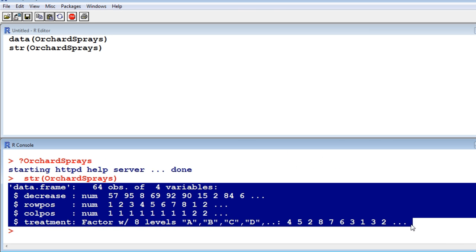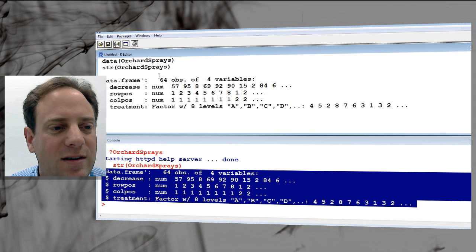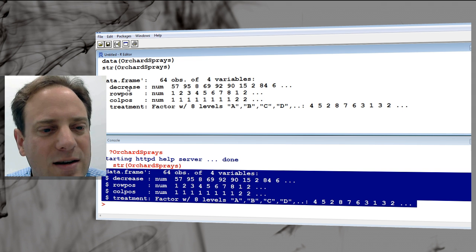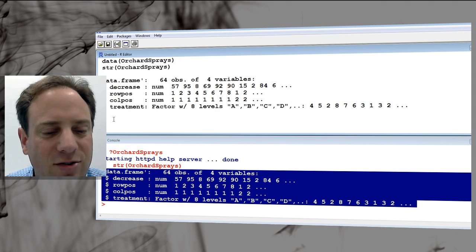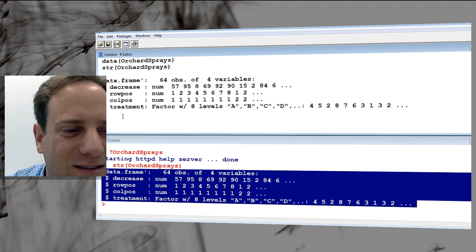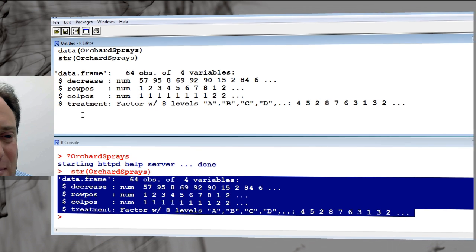So what's that all? I'm going to explain it in a second. The decrease is actually the response variable. It is how much sugar solution has been eaten by the bees. So the authors were interested in whether these substances they added to the sugar solution were bad for the bees, so were not consumed by them.